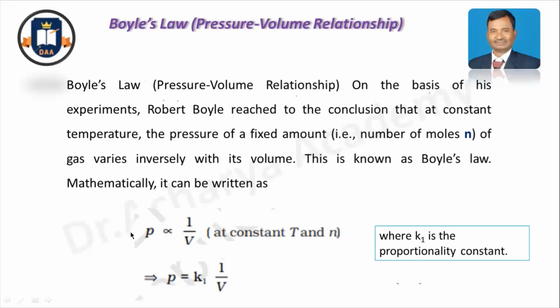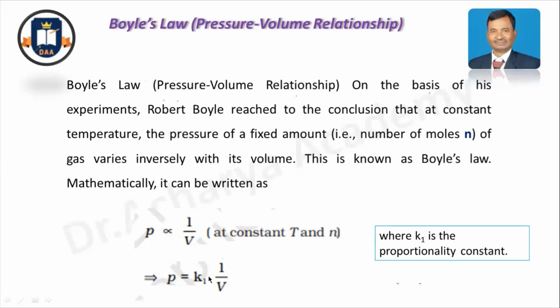If we simplify this equation, then P is equal to K1 multiplied by 1 by V. Here we have to remember that volume is always the capital letter V, and pressure is the small letter p.